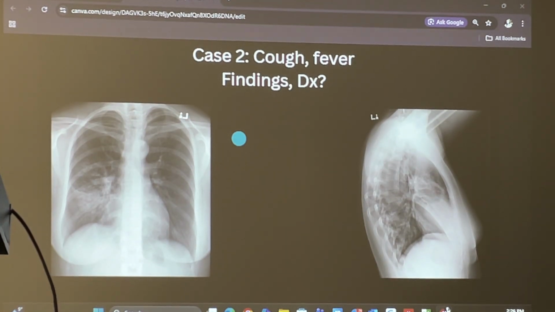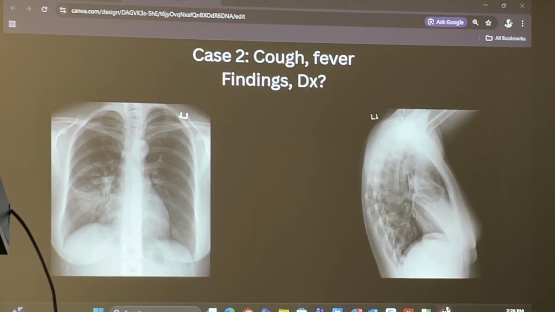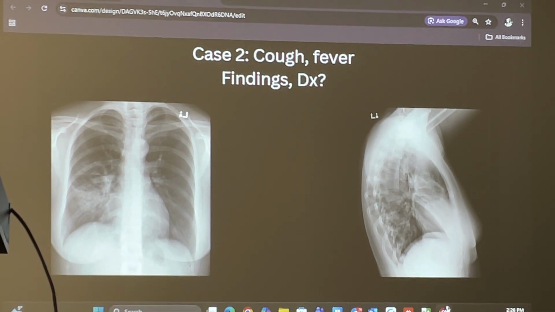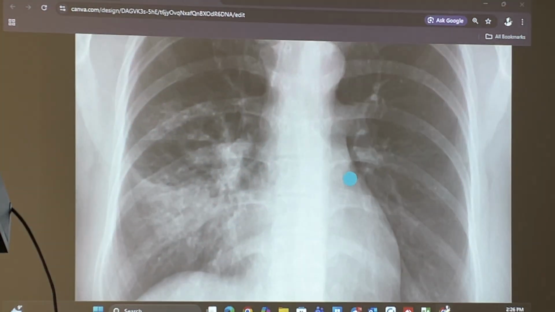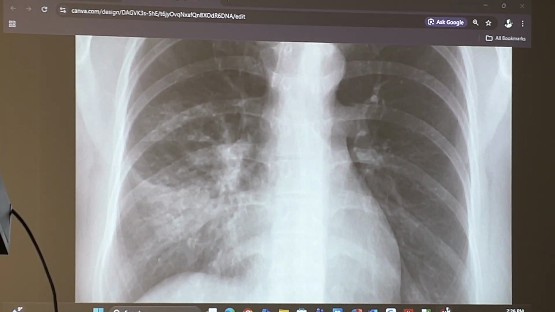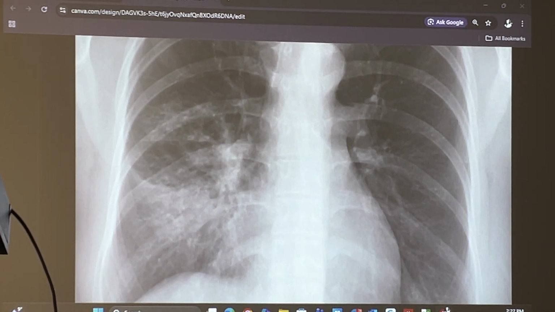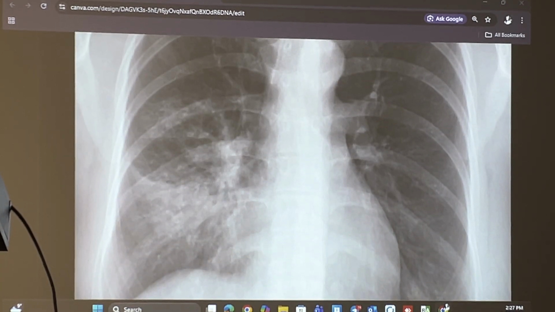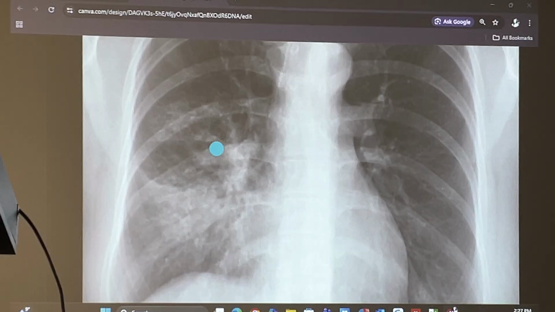What else can you see? Can you see the fissure? Horizontal fissure on the right side. Yes.